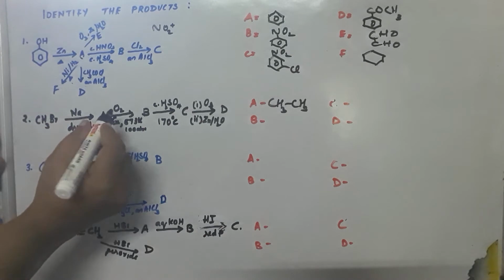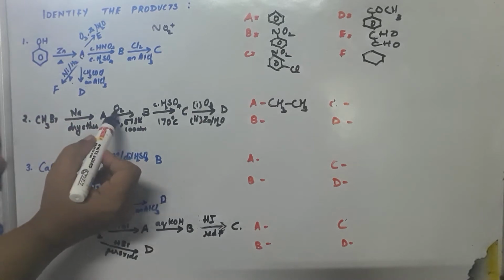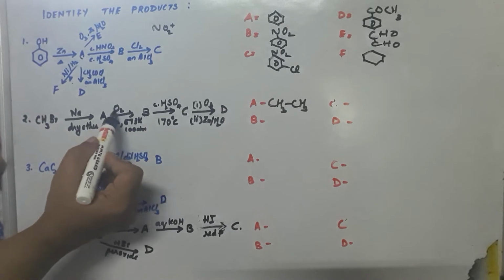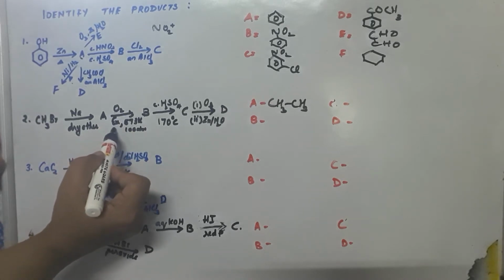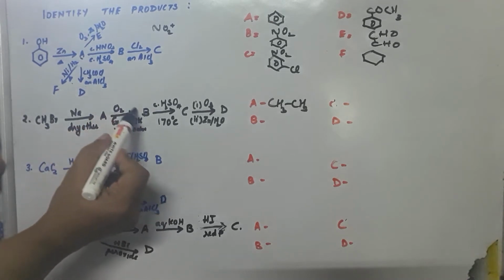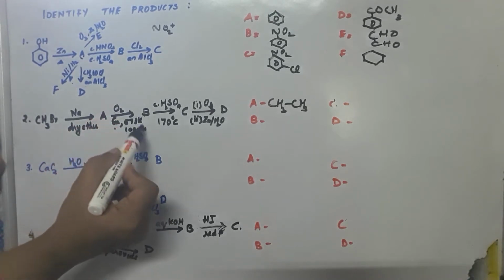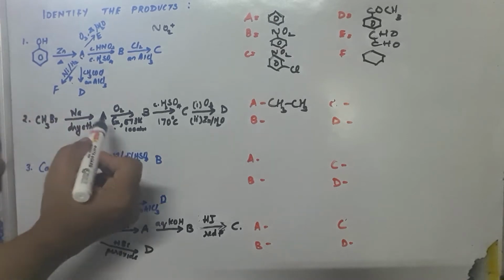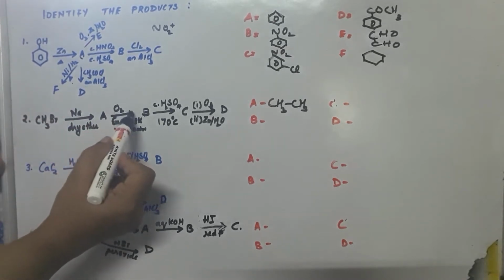Now ethane is subjected again to reaction with oxygen. So this is oxidation, with oxygen in the presence of catalyst copper at 573 Kelvin and 100 atmosphere. We have learned the oxidative reaction of alkanes. If it is oxidized, it will form the corresponding alcohol.